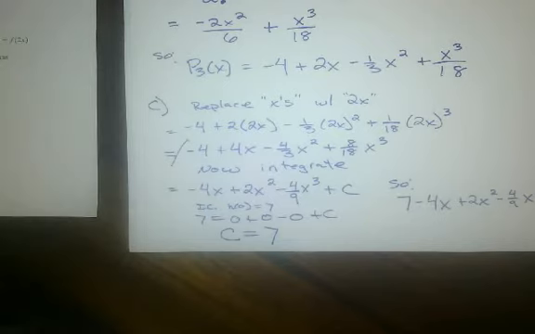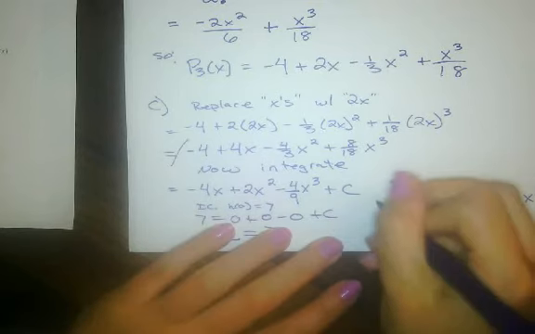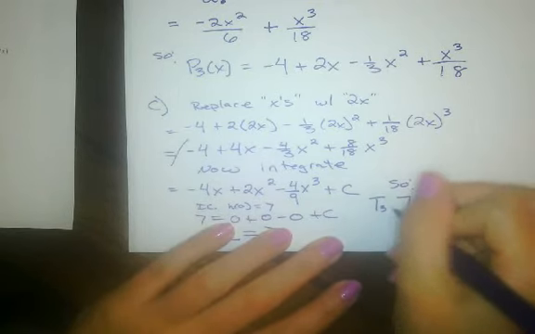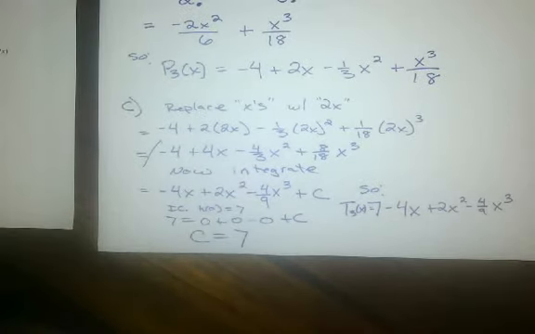So that would be my Taylor polynomial, and that would be of degree 3. So you could call that Taylor of degree 3 of x equals that. And so that would be 2013 BC number 6, a Taylor polynomial.